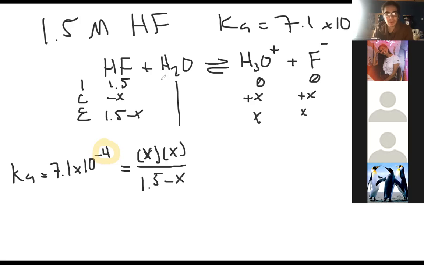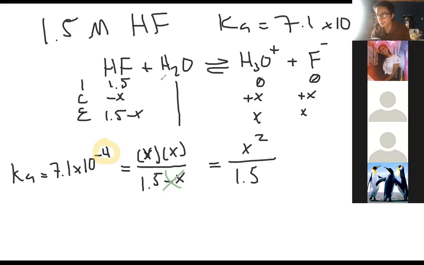So we have 10 to the negative 4, so pretty small. So we can use the shortcut. So we'll go ahead and cancel this out. And we're left with this once we simplify: x squared over 1.5.